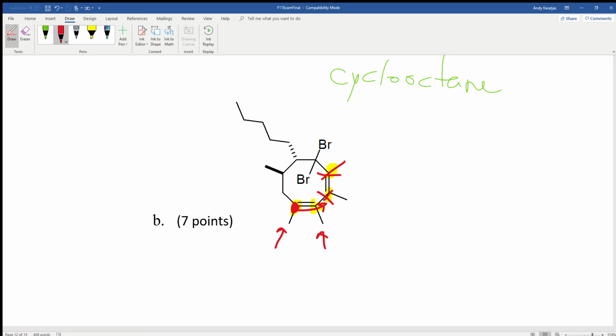If we start here though, and go around to the left, we don't get our third substituent until carbon 4. So that lets us identify which position we need to start at. So let's get rid of a lot of this. So now we know we need to start here and go around to the right.